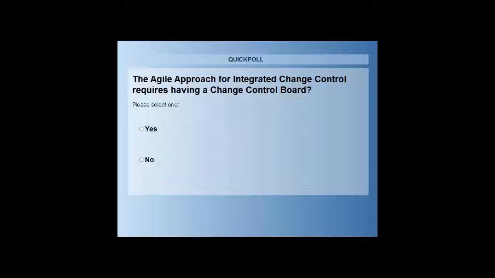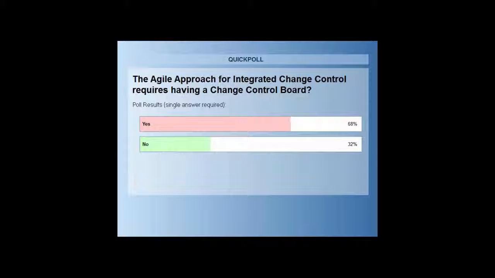Of course, you can think of a change control board here, but in Agile, it's much easier that you have a team which can be considered itself as a change control board. So the team discusses the whole thing, and of course, the key point here is that the customer is the final decision maker or the arbiter of the change decision, but you don't really need to have an official change control board.